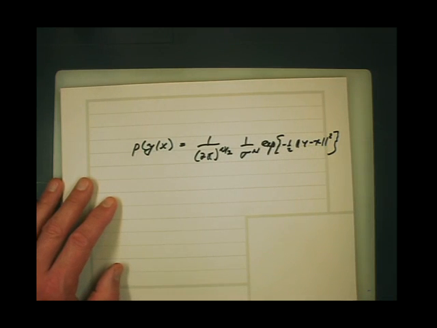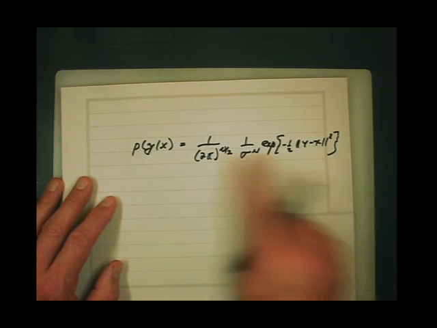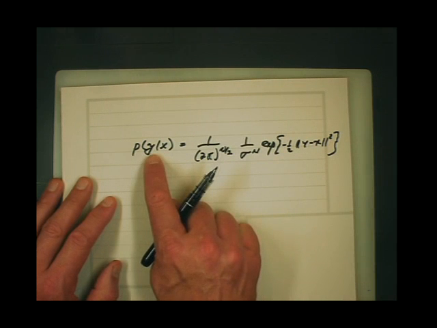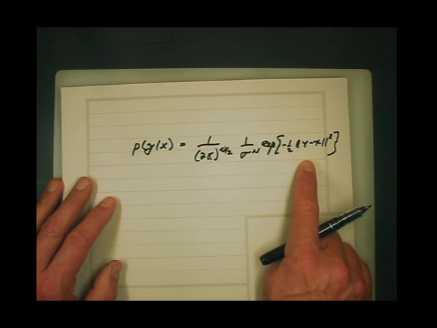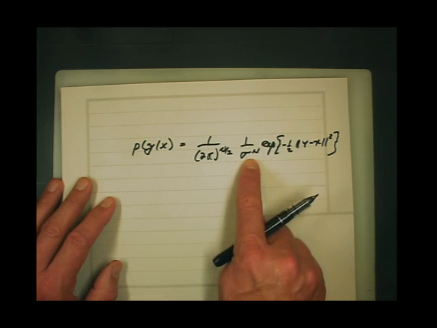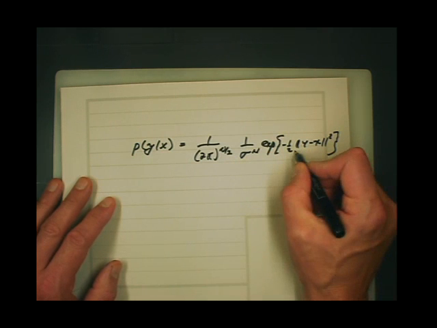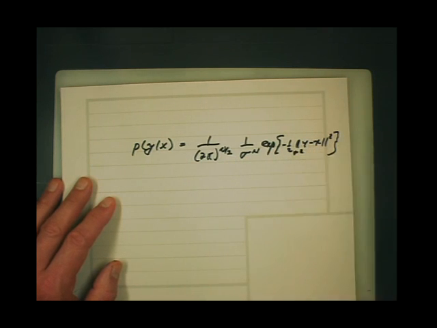Okay? Does everybody know where this came from? This is the conditional distribution of y given x, given that you assumed that you added white Gaussian noise to x. Right? And I've left off the sigma squared here.